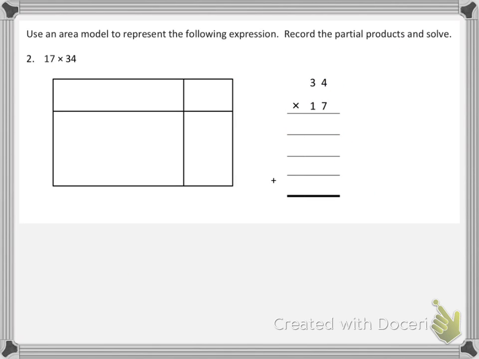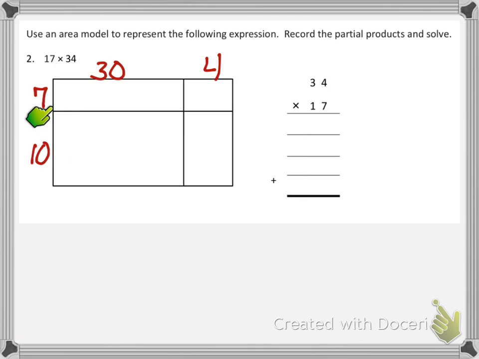All right, with 17 times 34. So let's decompose this. 17, we're going to put 10 here and 7 up here. And on the top, we're going to put a 30, and we're going to put a 4. Now what we have to do is multiply these numbers and get the area for each one of these boxes.